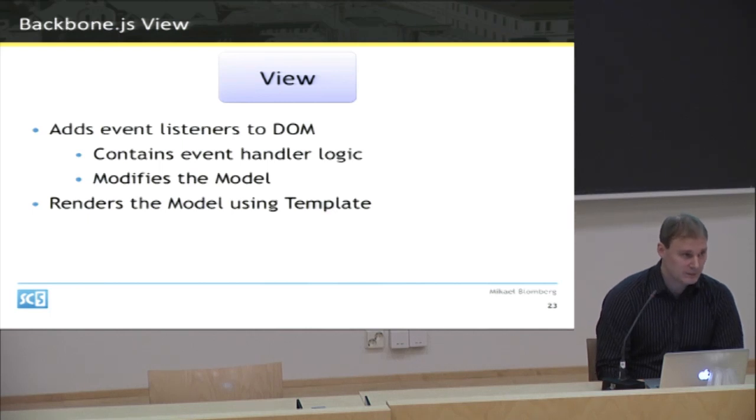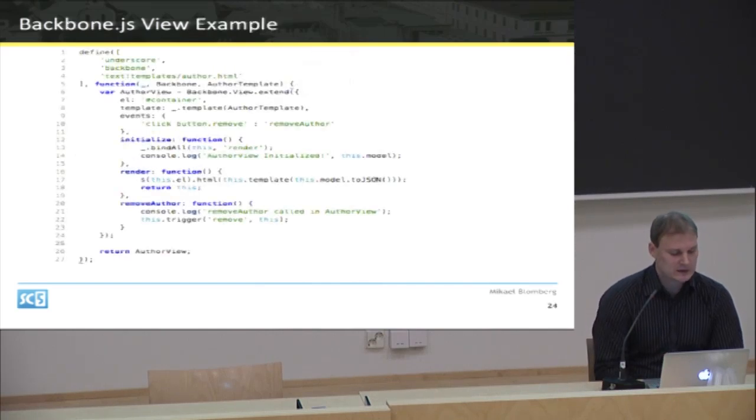And this is what C is in MVC, but we just call it view so that you would be confused. And then it renders the model using a template. Let's take a brief look at this. We have the template there, then we have a render function, and then we have access to the model.